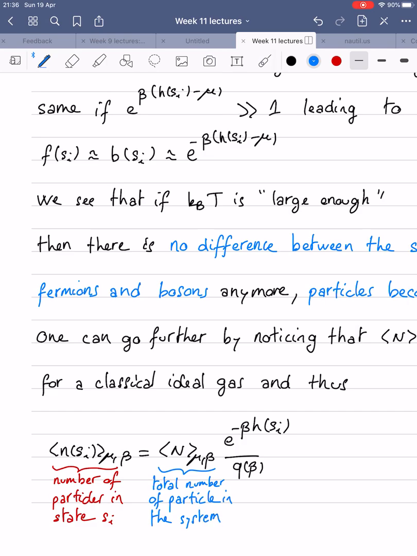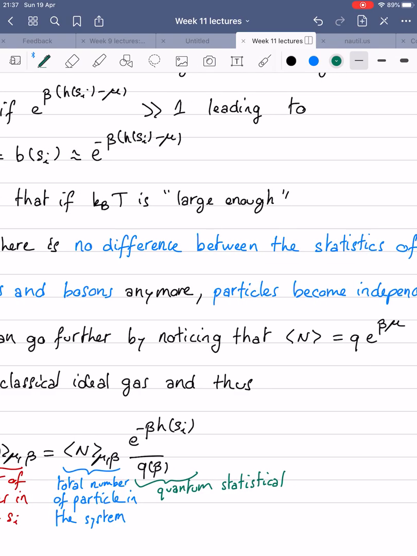And this whole term here stands for the quantum statistical canonical probability for a particle to be in state s_i.